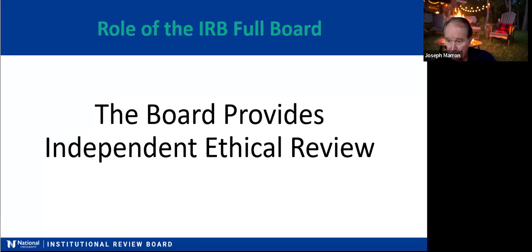So that, again, we're at the above minimal risk. We want to take a look at all of that. And we want it to be an independent ethical review, which I think as Chad goes to the next slide, we'll talk a little bit more about and how that comes about.